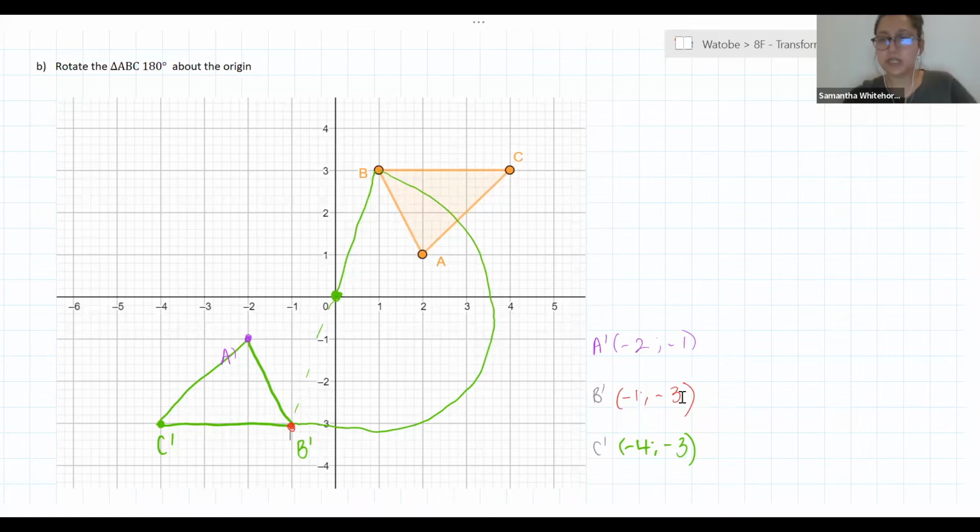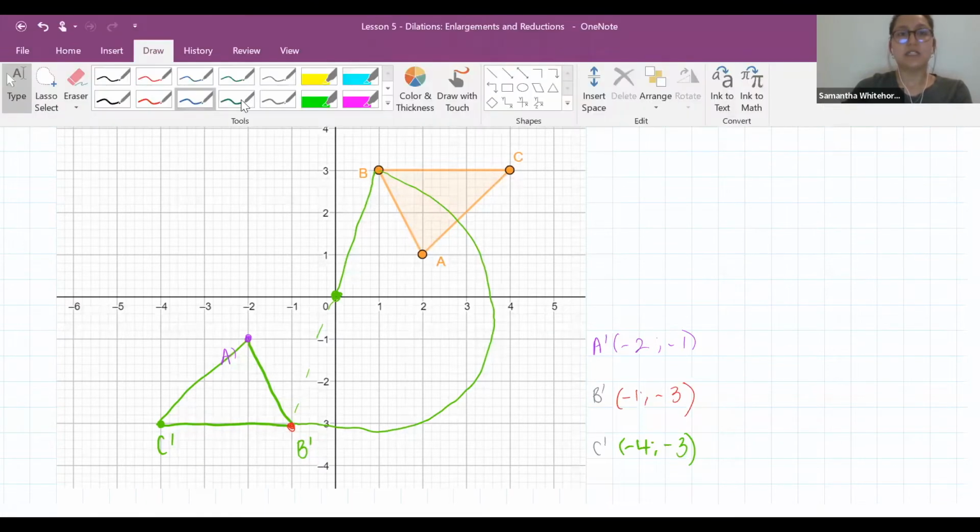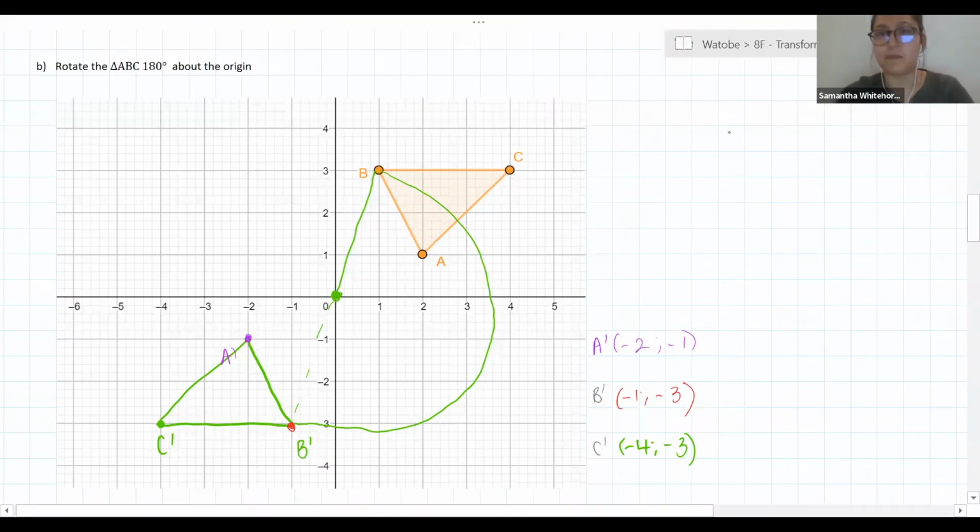There was a question that I got sent, and I just want to mention it so that you guys are all aware. The question was, can we ever rotate something 360 degrees? Now, you definitely can, but what I want you to bear in mind is that a 360 degree rotation actually ends up in the same spot. So if you imagine a very basic Cartesian plane, and if I said rotate this point 360 degrees, 360 degrees is a full circle.